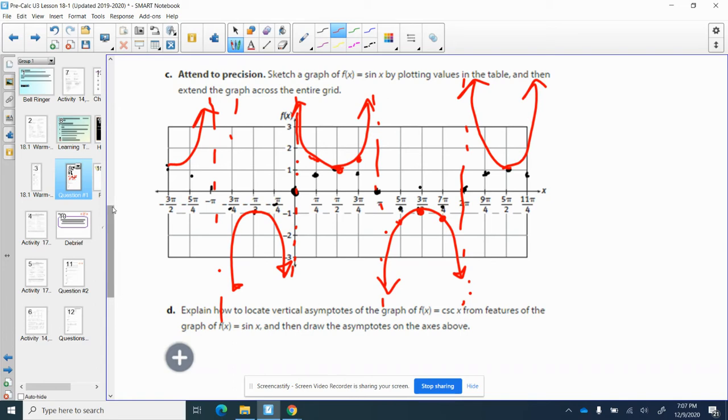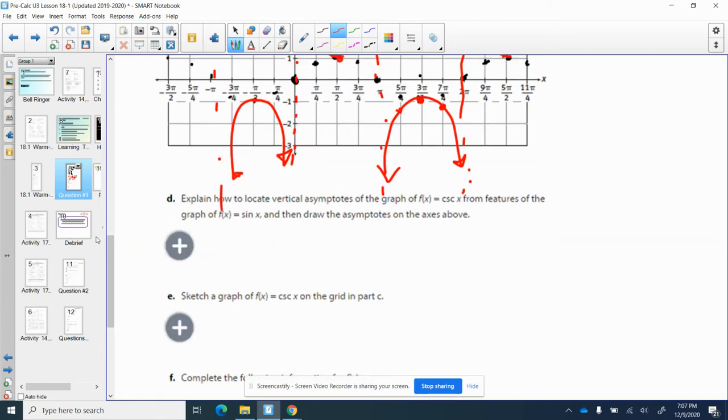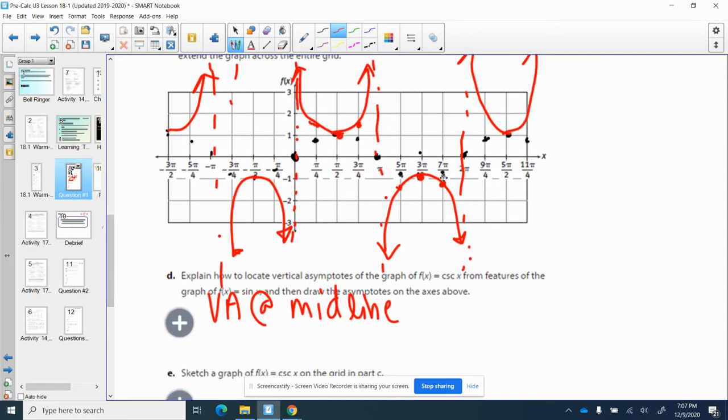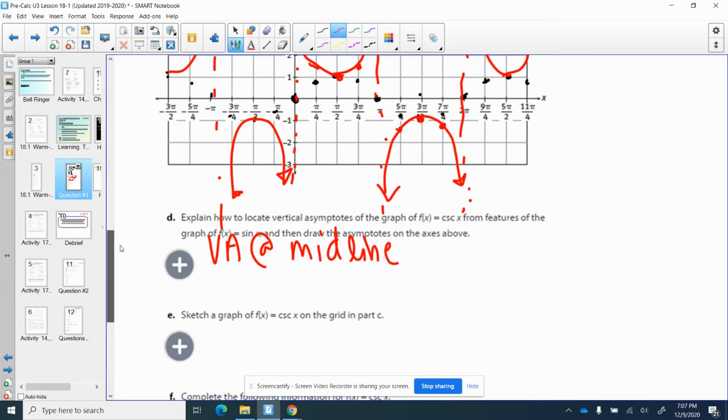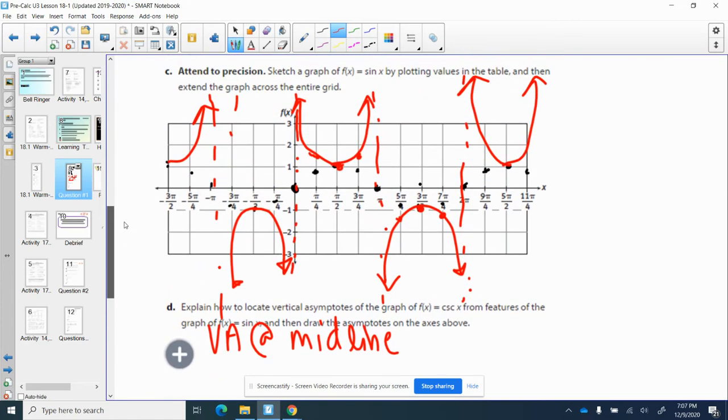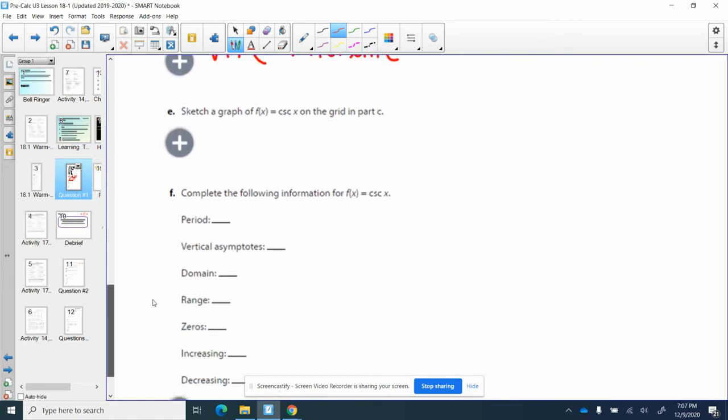Okay, so if we notice here, again, the vertical asymptotes are occurring at the midline, where the sine graph is at the midline. And basically the relationship is that anytime we have a max or a min in our sine graph, we see that parabola for our cosecant graph, okay?